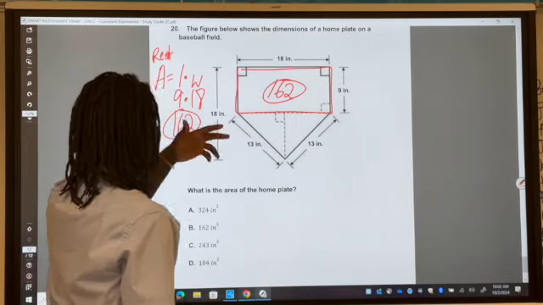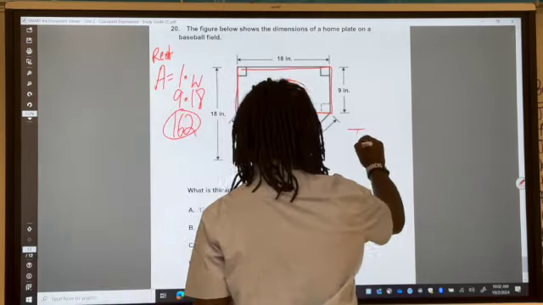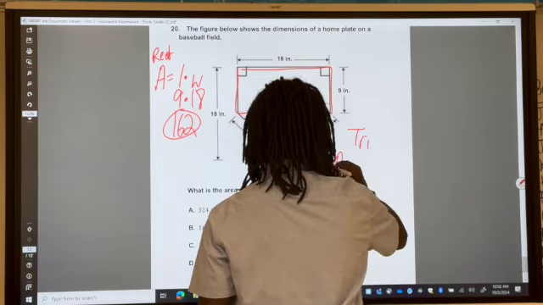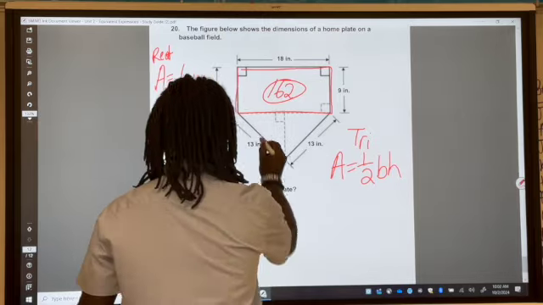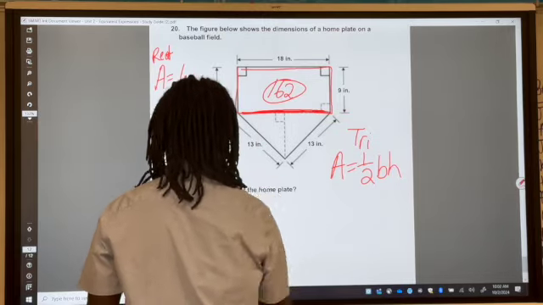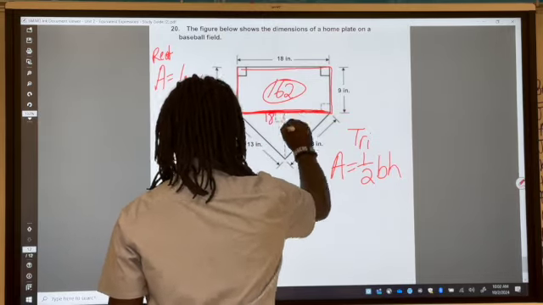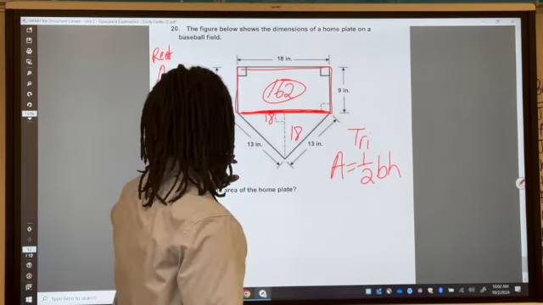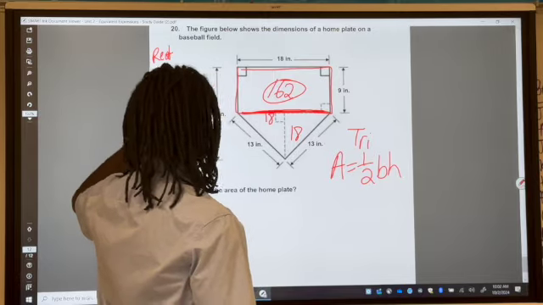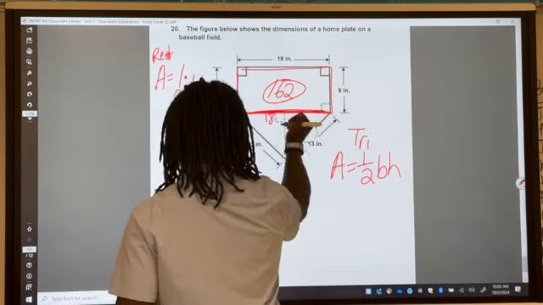Okay, now I got to find the area of this triangle. The formula for the area of a triangle is 1/2 base times height. Okay, the base is this one, which is 18. The height is that one, which is 18. Oh, I'm sorry. No, it's not. The height's not 18.